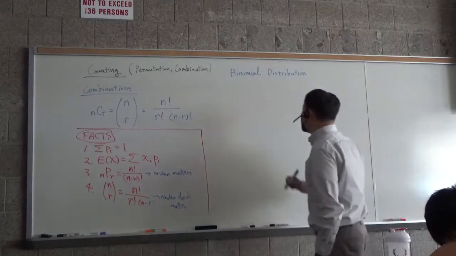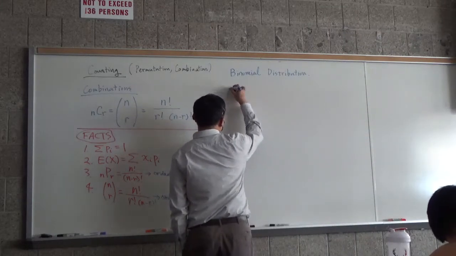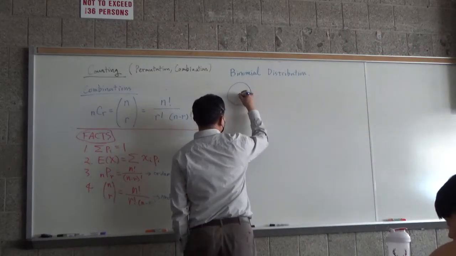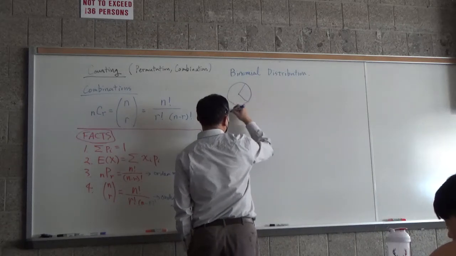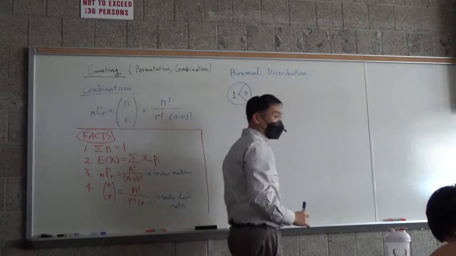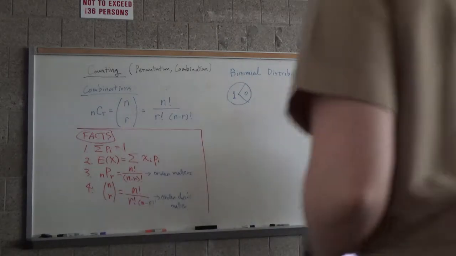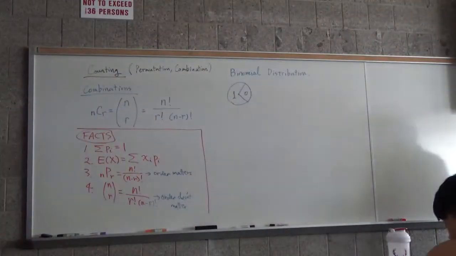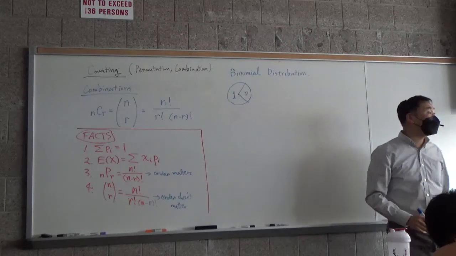Okay, binomial distribution. So think about it like this. Very similar to the previous one. You have 1 and you have 0, and we're going to spin this n times.